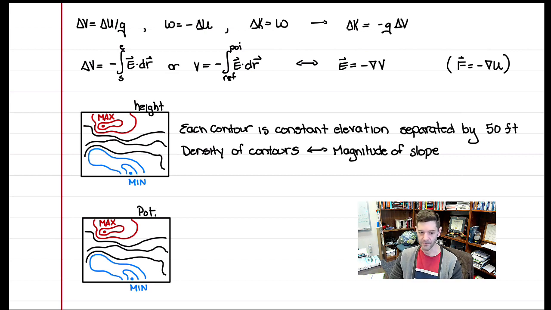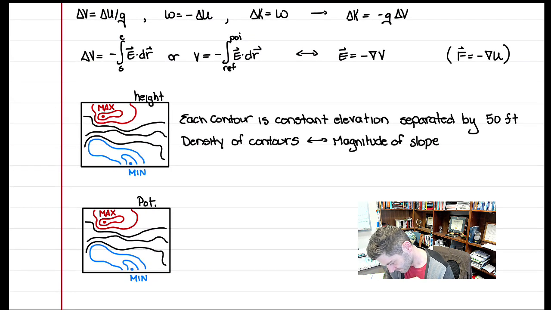A couple things to think about when you see graphs like this, because there's information encoded in this. The density of the contours gives you a sense of the magnitude of the slope. If we think of elevation contours, I could ask myself, at this point here, which direction should I move to descend the fastest?